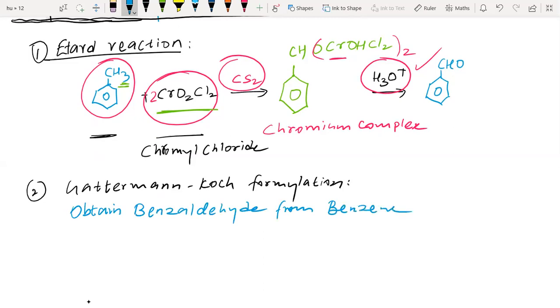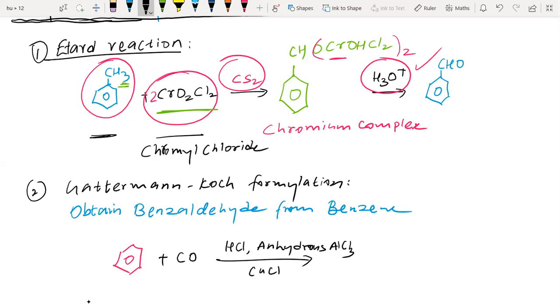Then we should know that this can be done with the help of Gattermann-Koch formylation reaction. The main material is benzene, and this benzene is reacted with carbon monoxide in presence of HCl, anhydrous AlCl3 and CuCl also. The product formed here is benzaldehyde. So this is your Gattermann-Koch reaction.